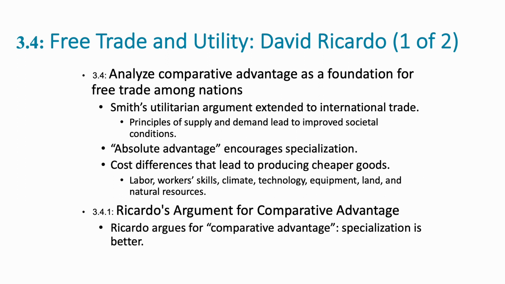And so the cost differences include things like the cost for labor. What kind of skills do the workers have? The climate, and is it a colder climate or a warmer climate? And what effect does that have on what we're doing and the production and services that we offer? What kind of technology is available in the country? How advanced is the technological infrastructure?